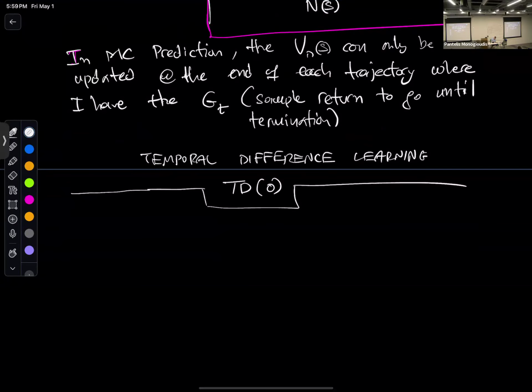I'll explain the zero in a few moments. TD, capital T, capital D.